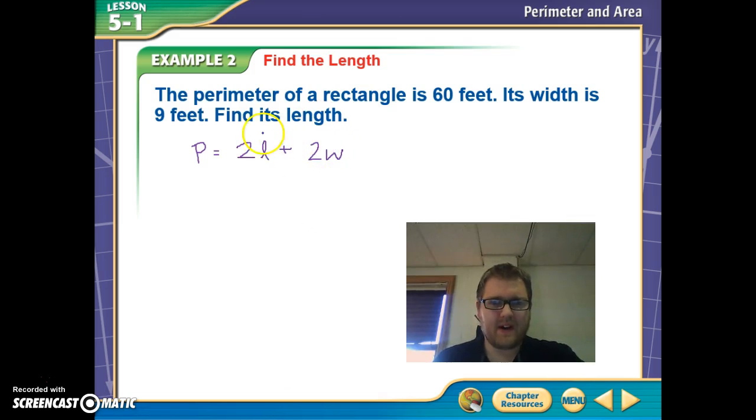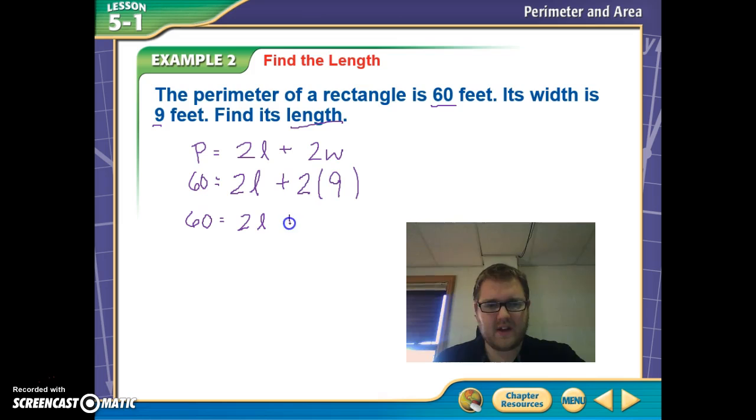We have the perimeter, so we're going to put 60 in for P. Width 9 here we're given for W. I don't know the length. That's what I'm trying to find. So I'm going to leave length as L. So we'll put 2 times 9. Alright, so we've got 60. Let's simplify it. Equals 2L plus 18, because we know 2 times 9 is 18.